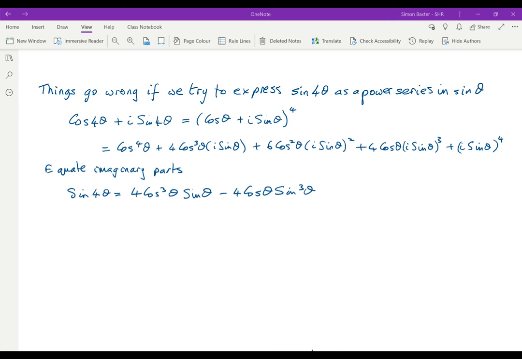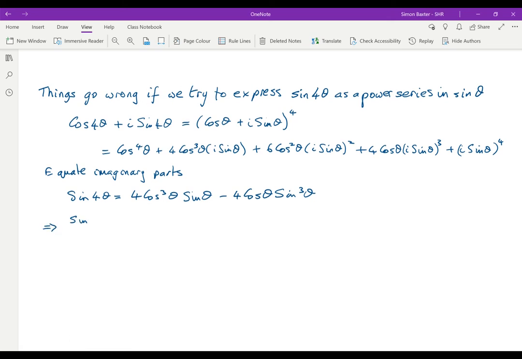So in this instance, what we can do is express sine 4 theta divided by cos theta in terms of sine theta only. So if I divide both sides by cos theta, I get 4 cos squared theta sine theta minus 4 sine cubed theta.